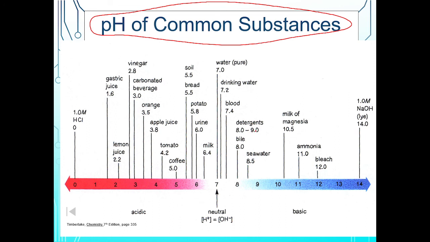At least make this chart, and after making the chart, try to remember. Make a chart, put it on the wall so that you can see it many times and remember the different pH of the different solutions. So these are the pH of common substances, so just make note of everything.